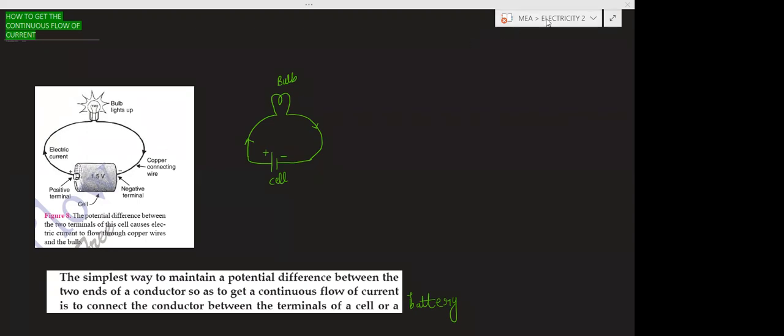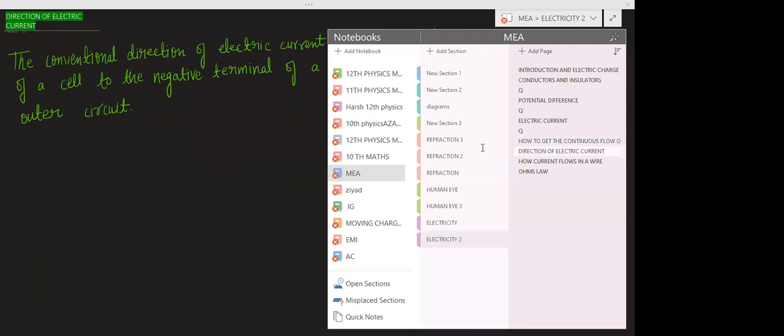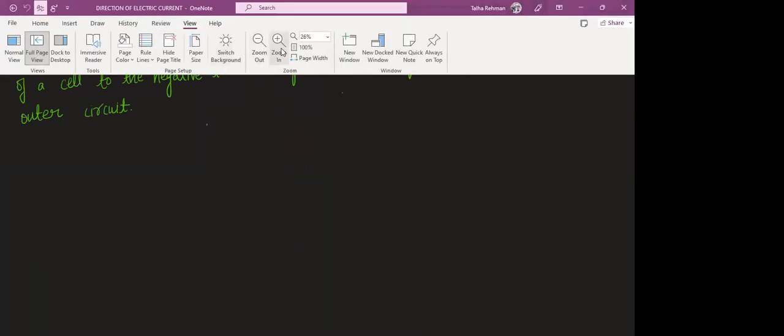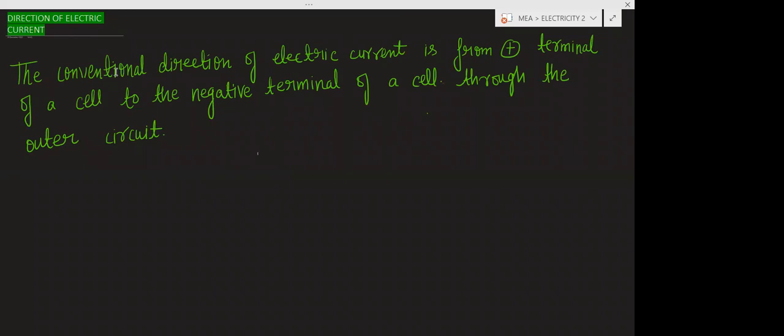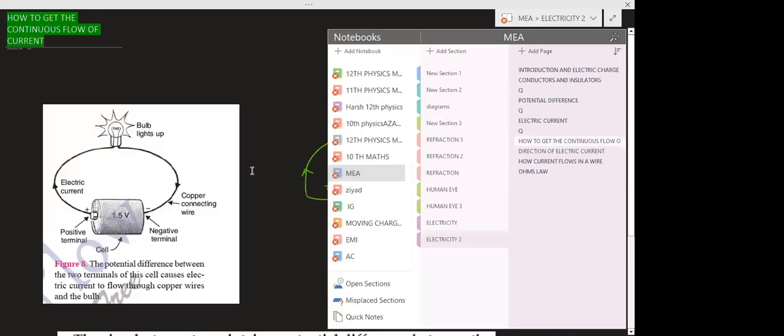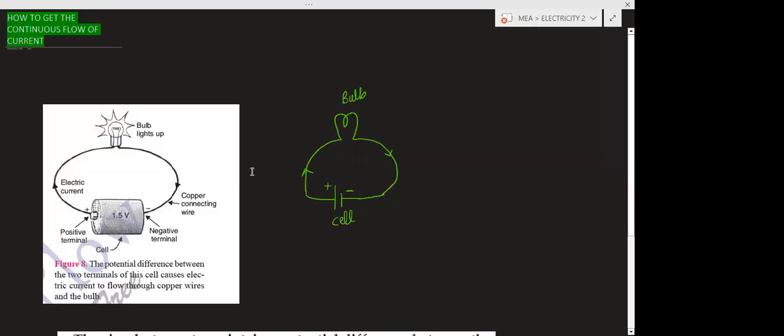So the direction of the current, you can see here, the conventional means earlier they assumed that the direction of the electric current is from the positive terminal of a cell to the negative terminal of a cell through the outer circuit. Now we know what is the actual reason of the electric current: free electrons in a wire.